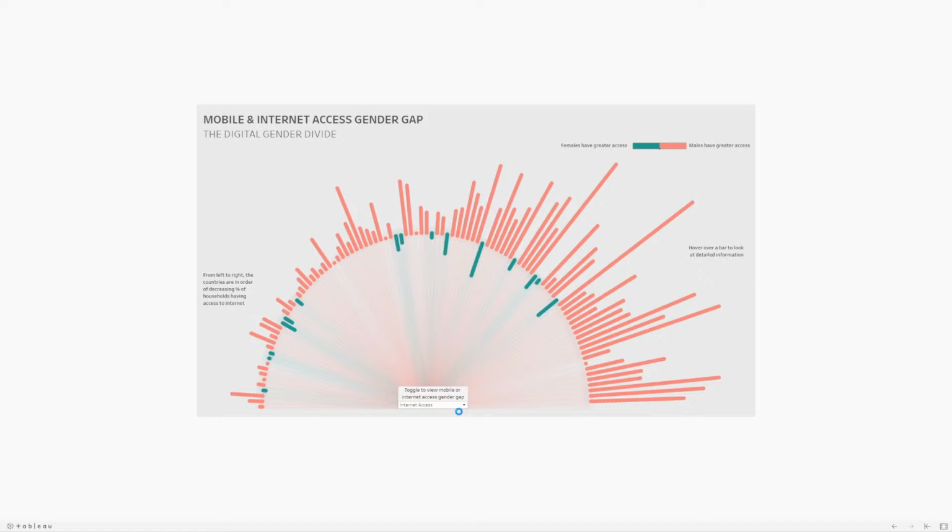That makes it difficult to differentiate between red and green. But I do think the fact that the green color has been used to show the countries where female access is greater, it gets around the issue of it being a negative percentage because it's very clearly positive, which I think is a good design choice. And I agree that the inside-outside dynamic also makes it very clear.